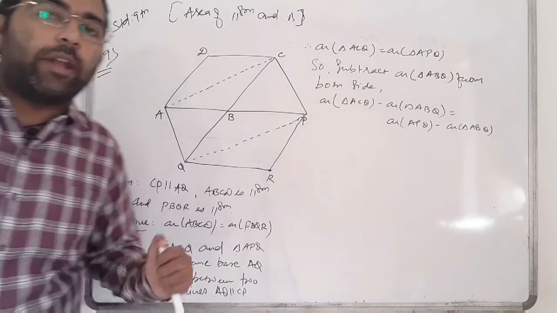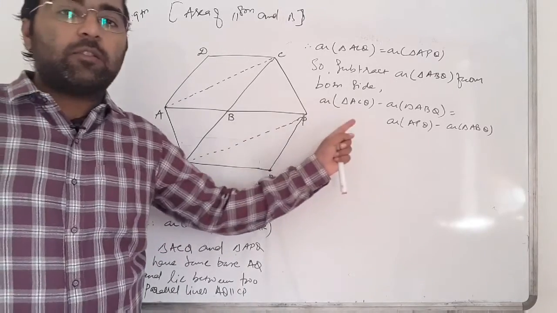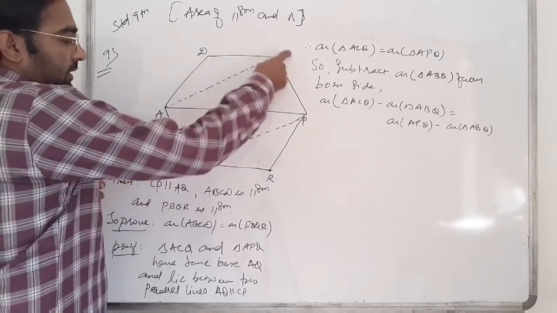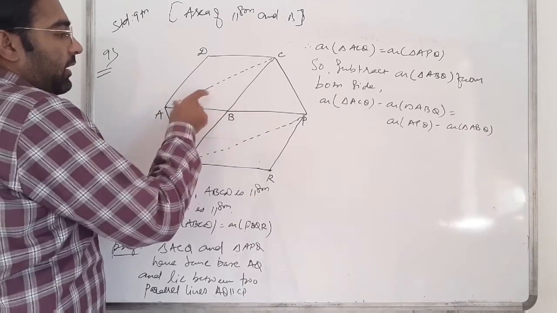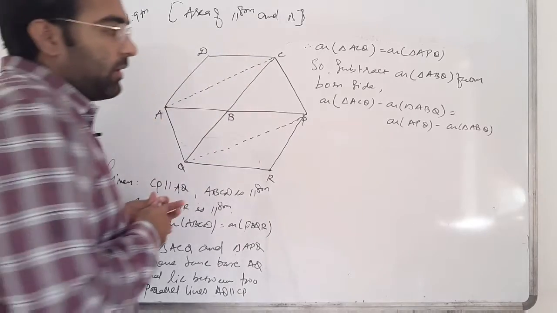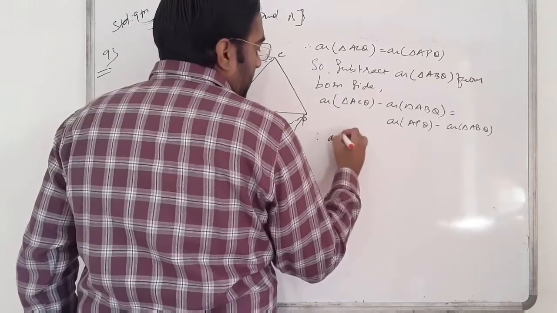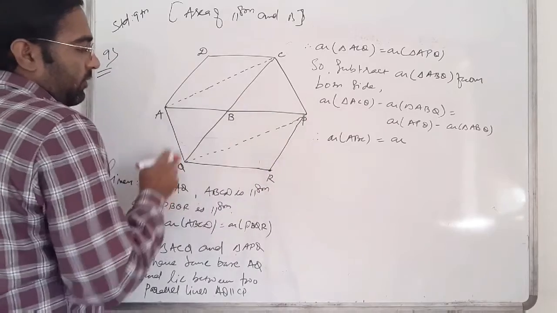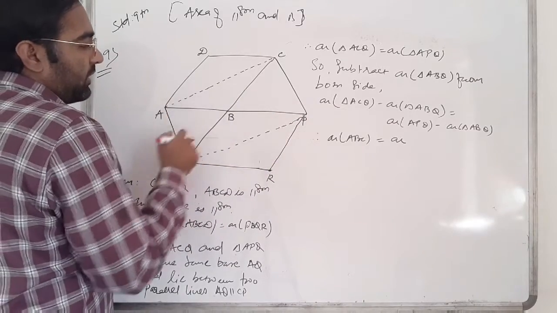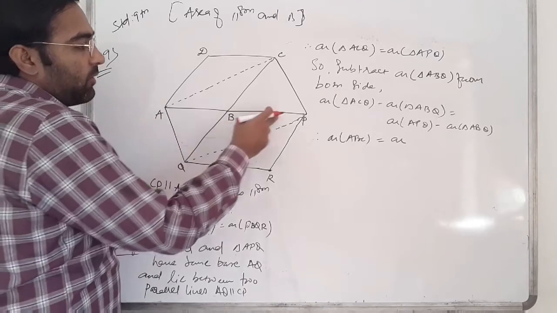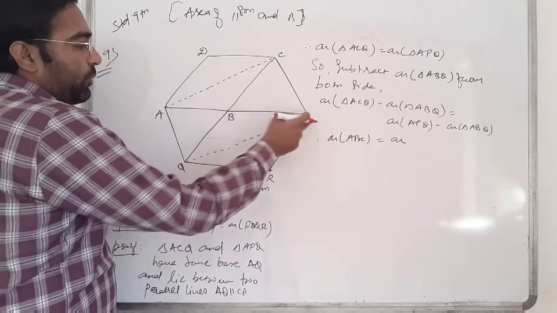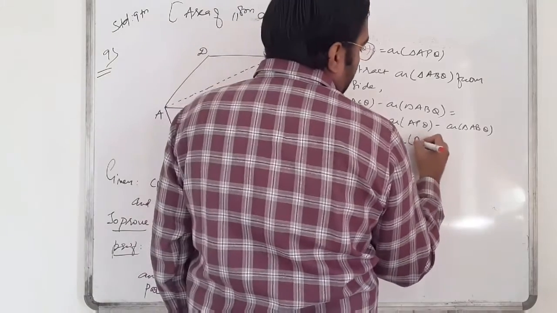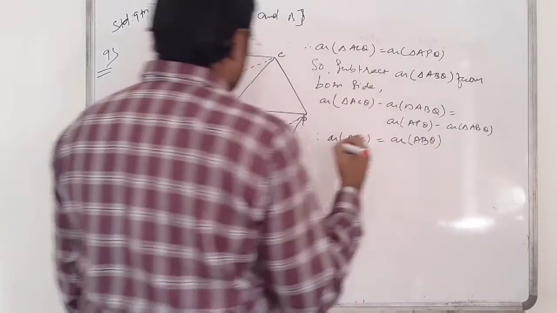Now ACQ minus ABQ gives the area of ABC, which is equal to APQ minus the part PBQ.